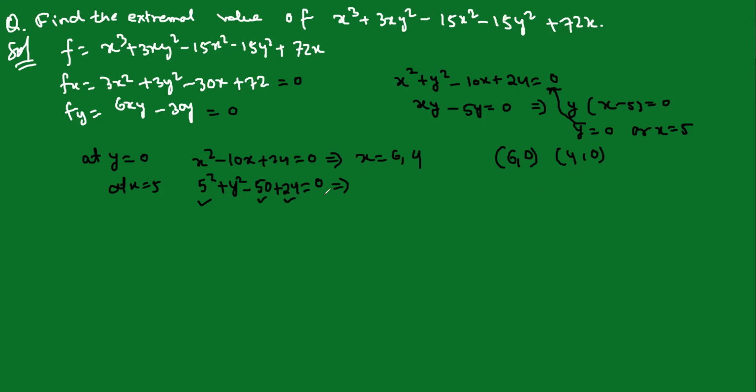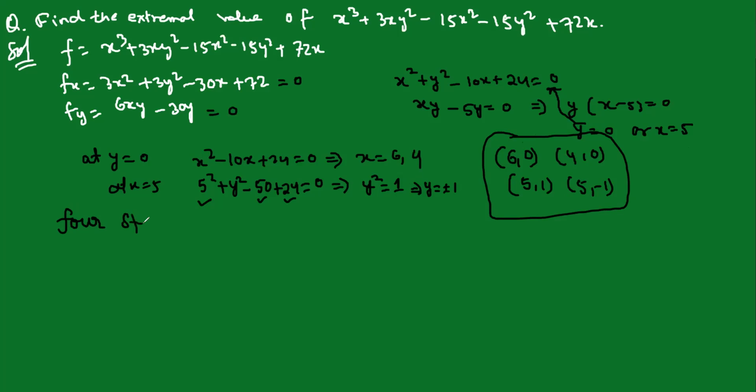Minus 25 is equal to 1, right? So from here you get plus 1 and minus 1: (5, 1) and (5, minus 1). How many stationary points are there? Four stationary points.